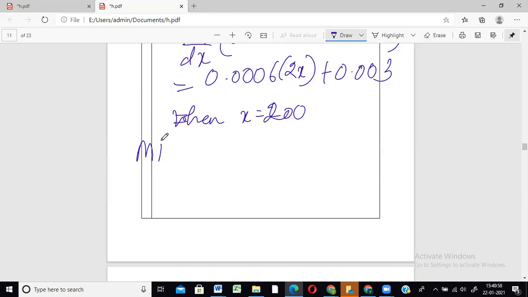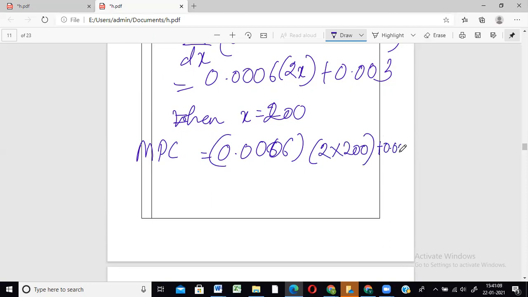Thus, marginal propensity to consume is 0.0006 into 2 into 200 plus 0.12. Now you can do 0.0006 into 400 plus 0.003. Now you can do it like that only.